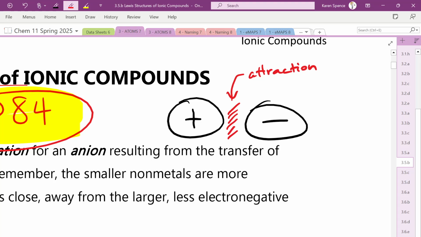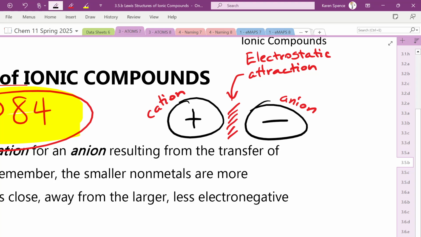Anyone remember what kind of attraction it is? It's called electrostatic attraction. And that is between a cation and an anion.